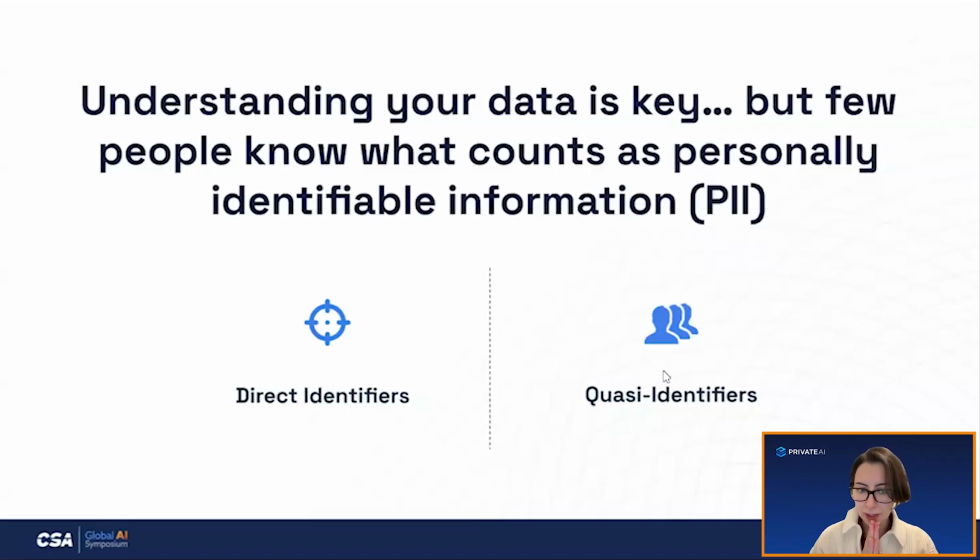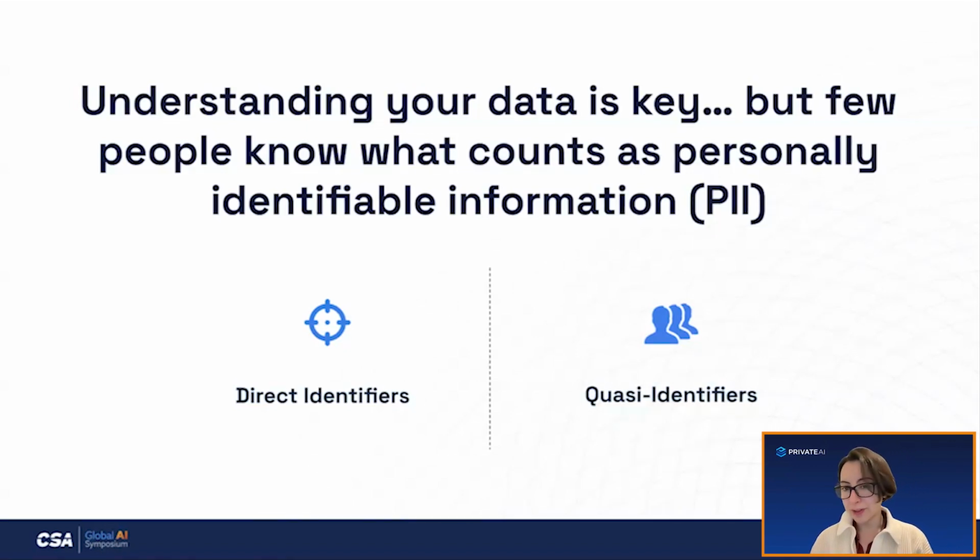First of all, when it comes to data minimization, one very important thing to know is what it is that you're minimizing. So data minimization of personally identifiable information means more than just your names and your social security numbers and your credit card numbers. It includes direct identifiers like those, but also quasi-identifiers.